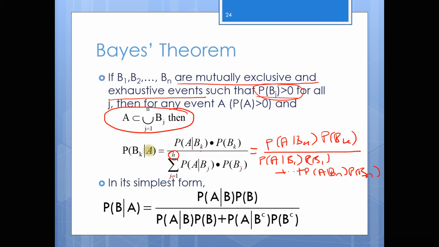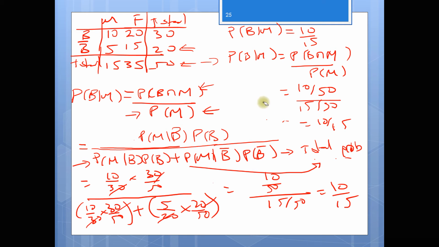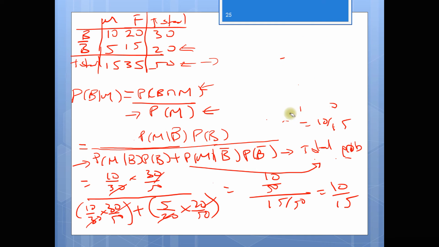For us, we need to understand what our BK is, and what our A is, in the example that we have been working on. So let's try to understand this for a moment. I'll just erase some of these things so that we don't get confused in the explanation.